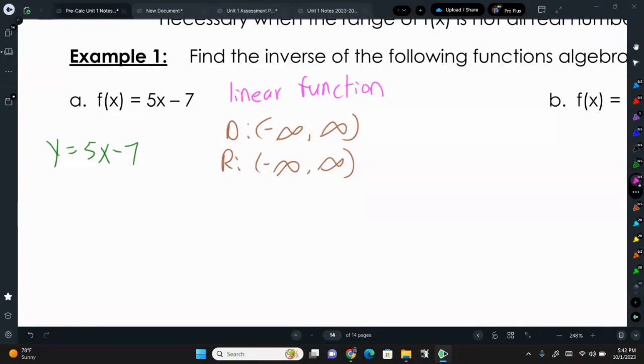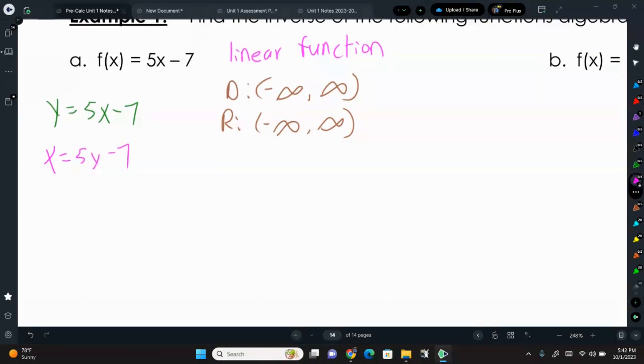All right, so we have y equals 5x minus 7. We will switch where x and y are. Just switch locations. You're not taking the coefficients or anything like that. Then we're going to add 7 to both sides. We get x plus 7 equals 5y. Then divide everything by 5.